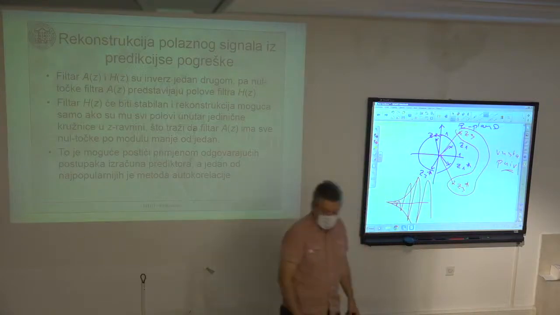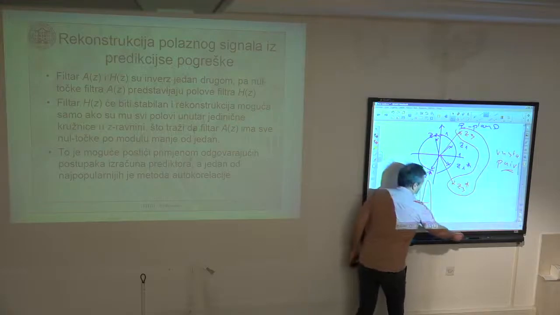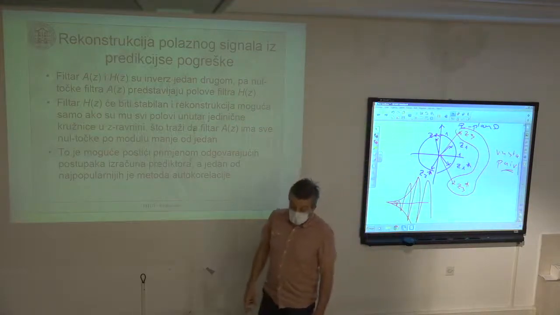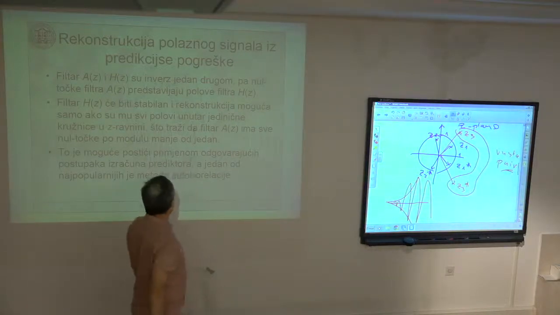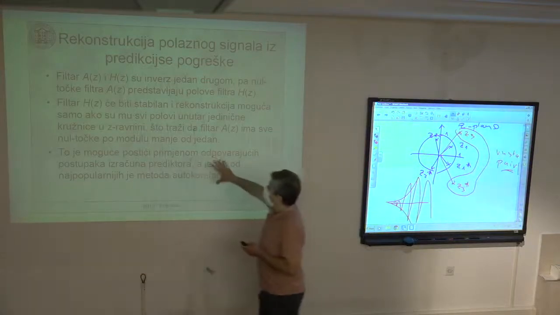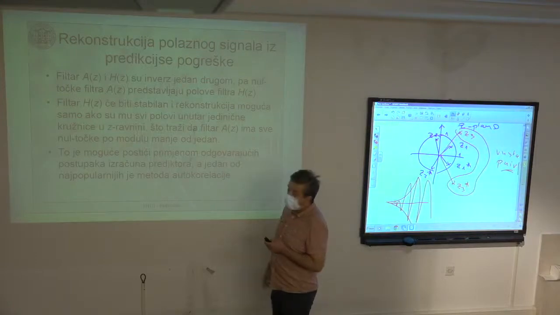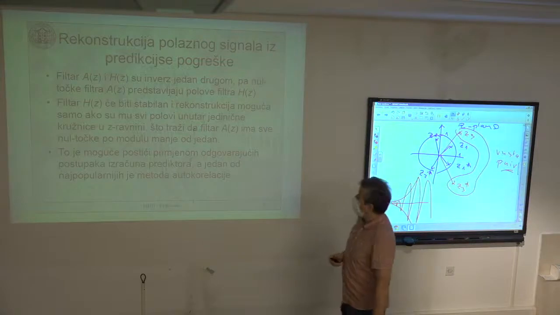Okay? And that is the reason why it is necessary to have a solution where all the roots are within the unit circle. In that case, the reconstruction filter is also a stable filter. Okay? And one possible solution to ensure this is to apply the so-called autocorrelation algorithm to compute the solution.